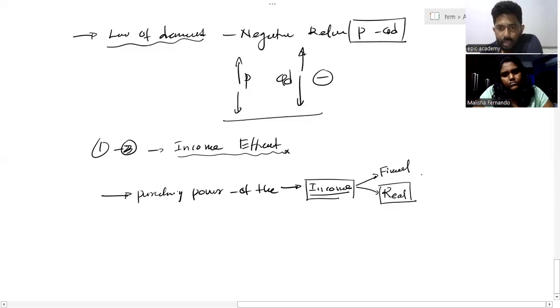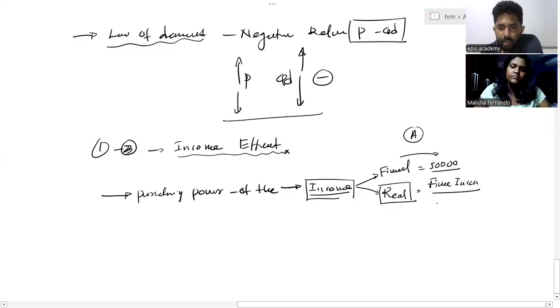As an example, person A doing a job in a private company is paid 50,000 rupees per month as a salary. So financial income is 50,000. But the real income is financial income divided by the price of the commodity.